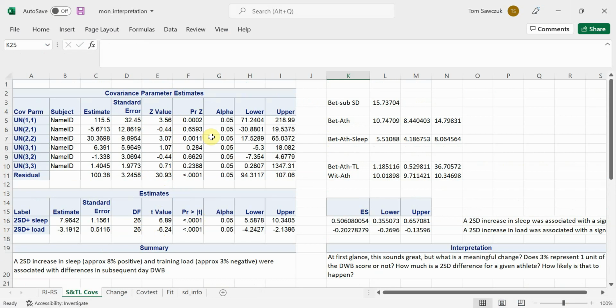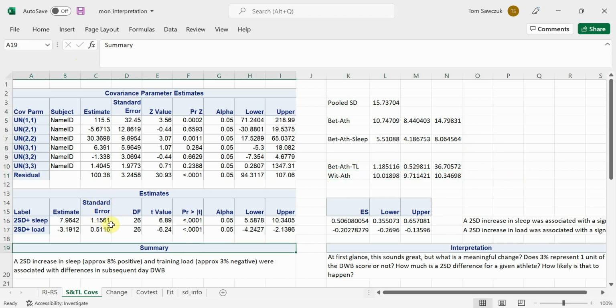And as you can see, what we've done is the same as always. We've got the pooled standard deviation. We've got the between athlete standard deviation, between athlete standard deviation in the influence of sleep on wellness, between athlete standard deviation in the influence of training load on subsequent day wellness, the within athlete standard deviation.